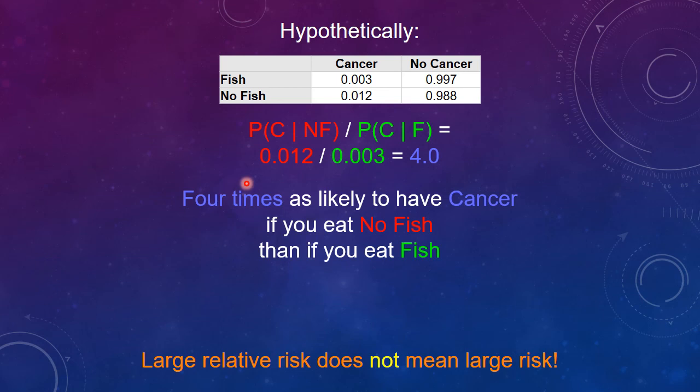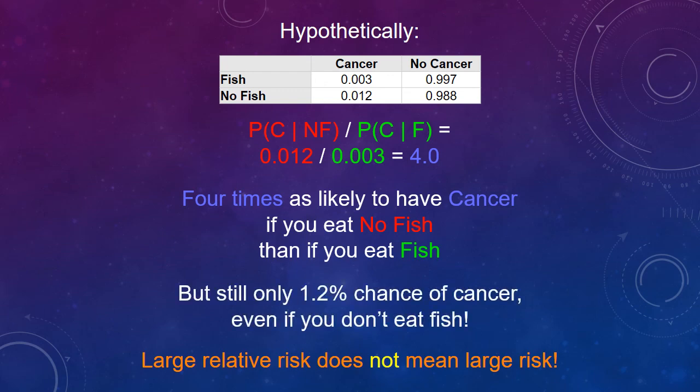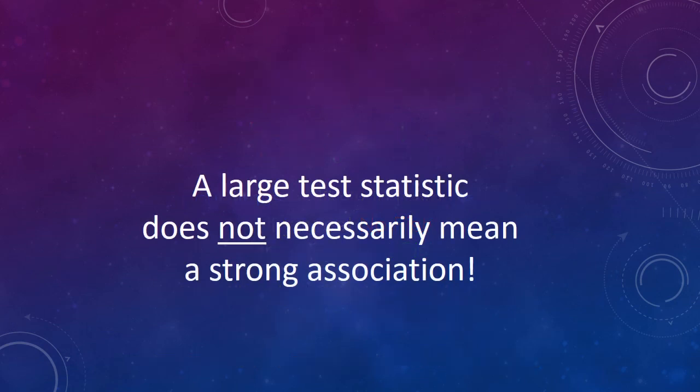In this case, the proportion of people who don't eat fish but get cancer is about 1.2%, and the proportion of people who do eat fish who get cancer is about 0.3%. The ratio here of 1.2% divided by 0.3% is 4. So in this hypothetical example, you're about 4 times as likely to have cancer if you don't eat fish than if you do eat fish.